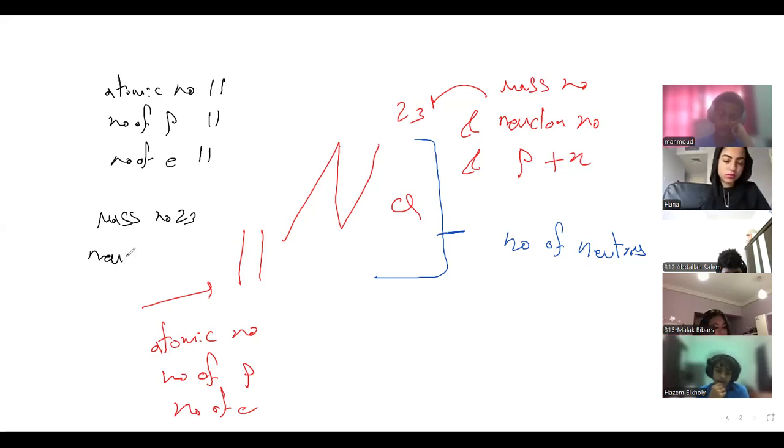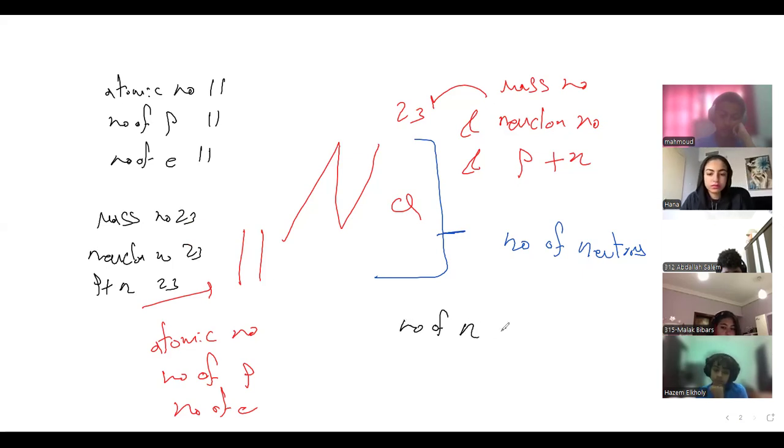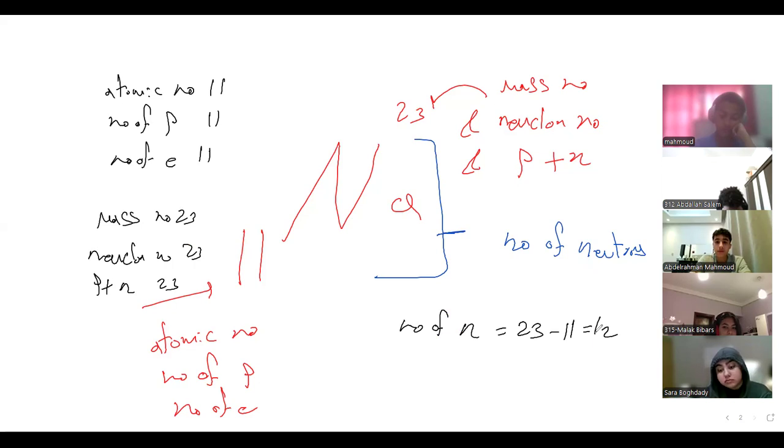Nuclear number 23. Sum of protons plus neutrons 23. Number of neutrons equals 23 minus 11.